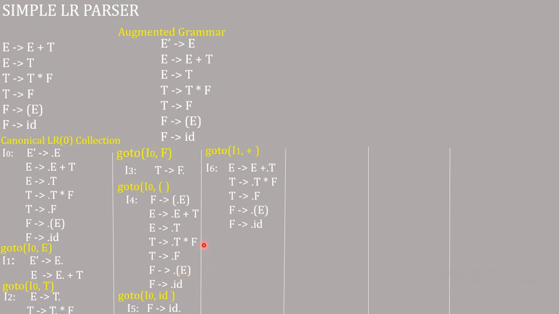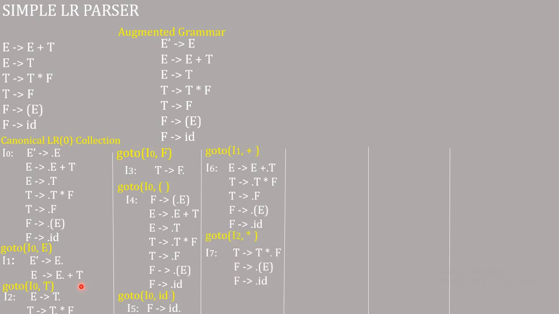In the item set I2, in the first rule the dot symbol has already reached the end, so there is no possibility to take it further. Let us proceed with the next rule, T tends to T dot star F. Here we can implement the function goto of I2 comma star.